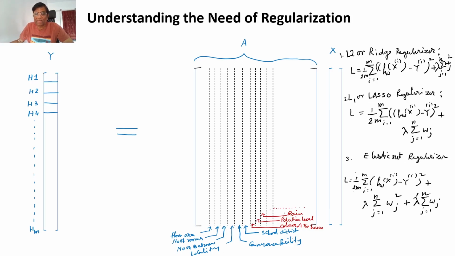Globally this may be true, but locally if you decide, then a couple of house options are there, and whether you buy a house in this locality here and there, normally the rain, pollution level, everything will be similar. So if you even measure that, they will be unnecessary measurement, and putting them is not going to affect the housing price, but definitely they are going to complicate your model.